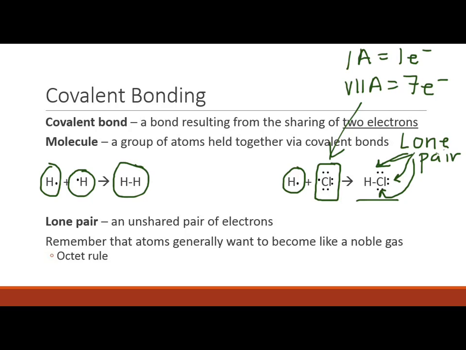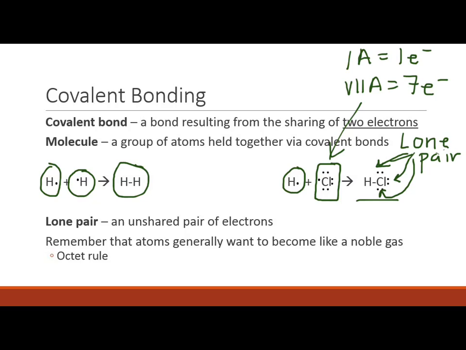Now also remember that the rule of thumb for this section is going to be the octet rule, that the vast majority of atoms want to gain a full octet, or 8 valence electrons. There are some exceptions to this, and I'll go over those in a few minutes, but just remember that the vast majority of atoms want 8 electrons.